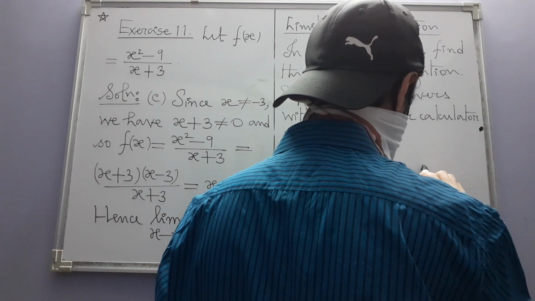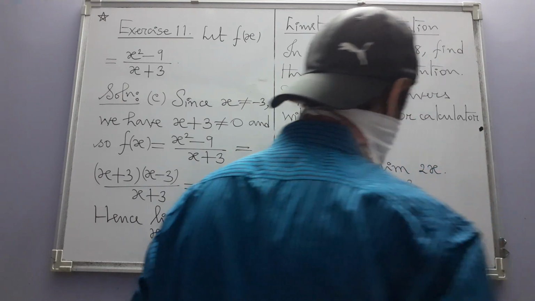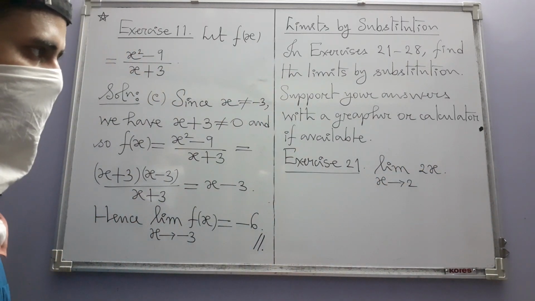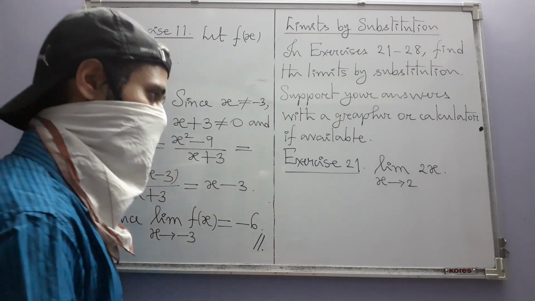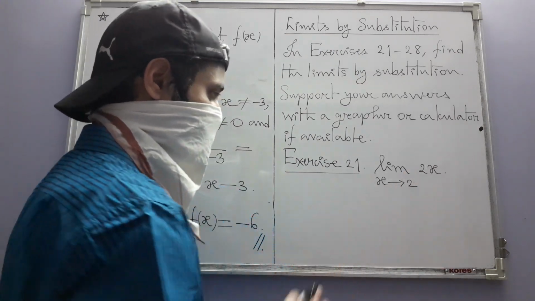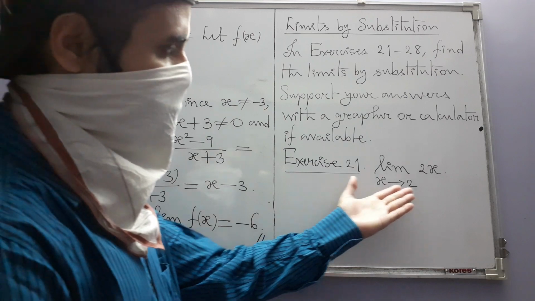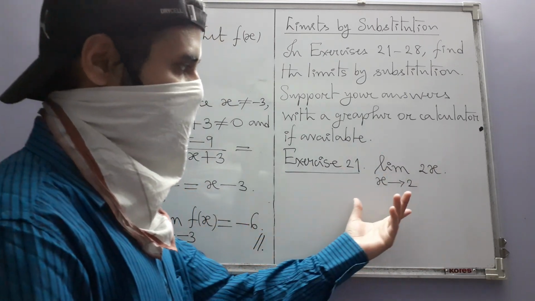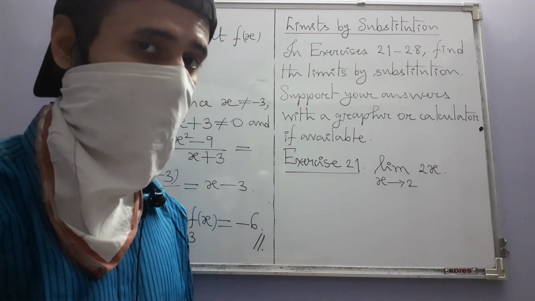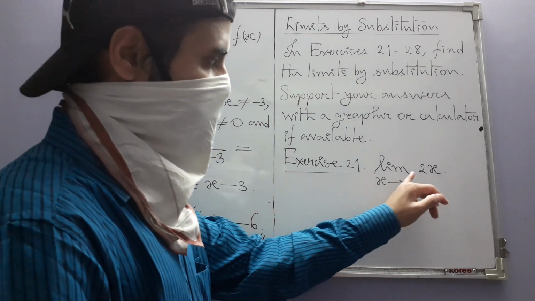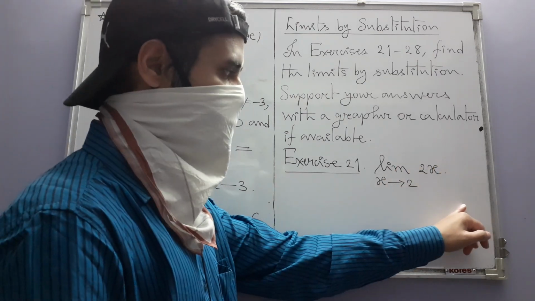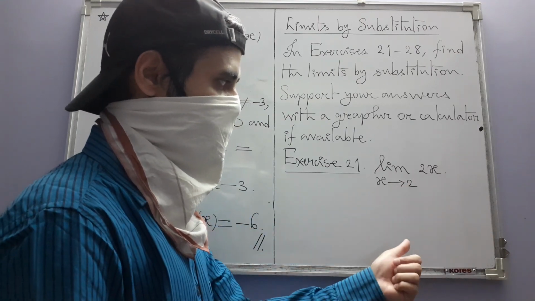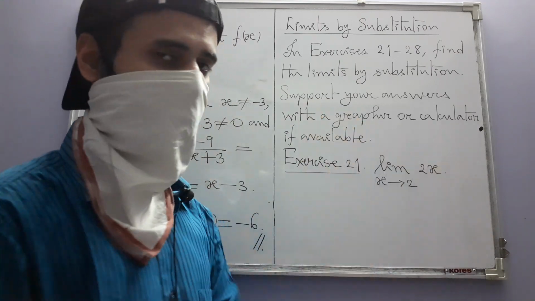Easy in the sense, in terms of getting the answer, it's almost trivial, but that's not the point. Here you can see that if you put x equal to 2, you will get 4. So you declare that the limit is 4, but is it really 4? Do we really get close to 4 as x gets close to 2 when your function is 2x?